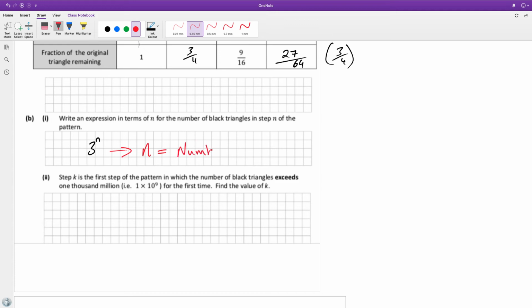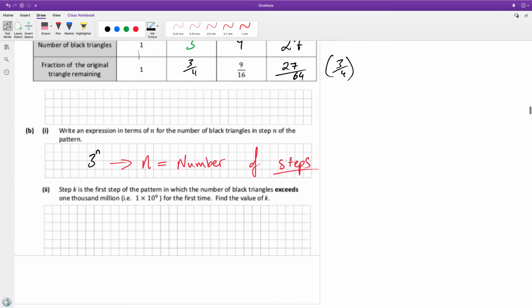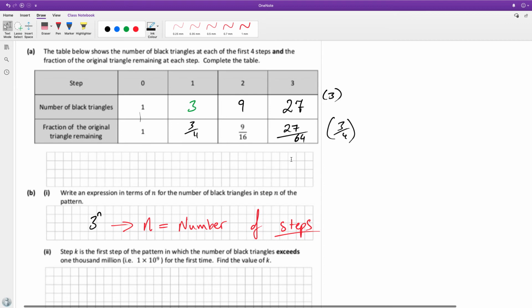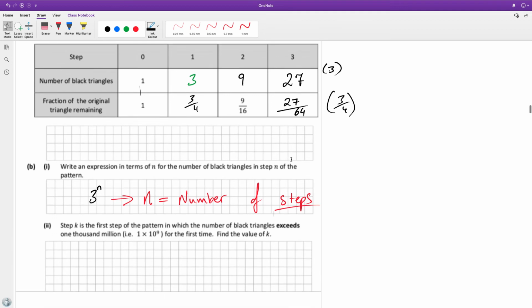Number of steps, very important. n represents the number of steps. The answer you get represents the number of black triangles.